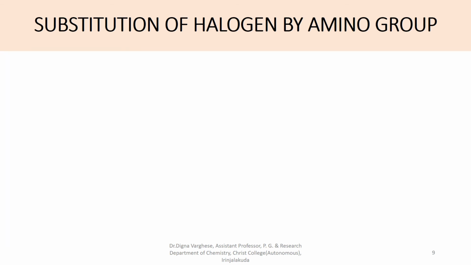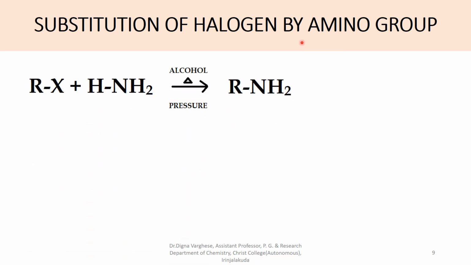Another reaction is substitution of halogen by amino group. Here you can see an alkyl halide reacts with ammonia, that is NH3. It is split in this way for better understanding. Here you can see an HX is eliminated, forming RNH2, that is primary amine.